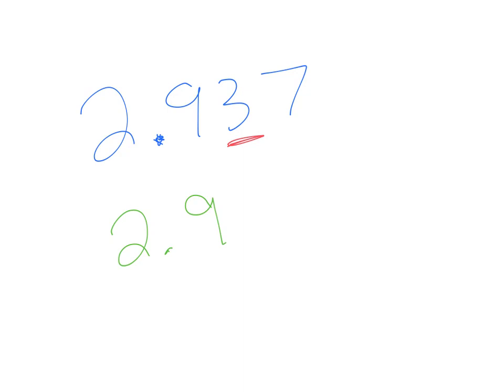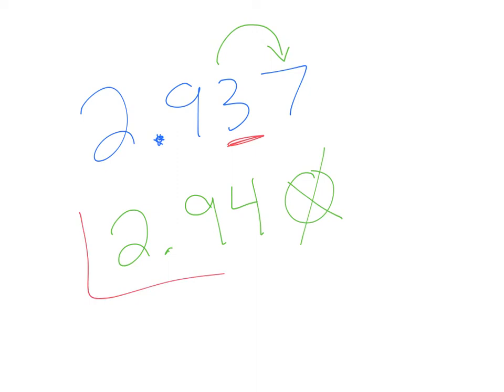That 7, which is after that place value, will become a 0, which means we're going to end up dropping it. But the 3, since it's the only number in limbo, I look to the immediate right. The number to the immediate right is large, so that 3 is going to go up to a 4. So rounded to the nearest hundredths place, this would be 2.94.